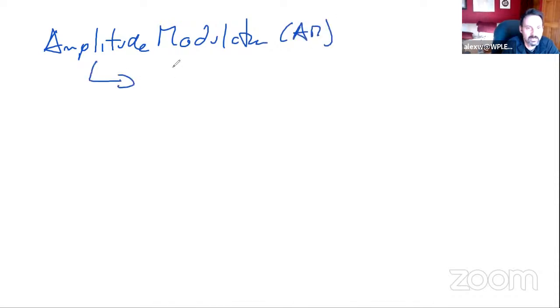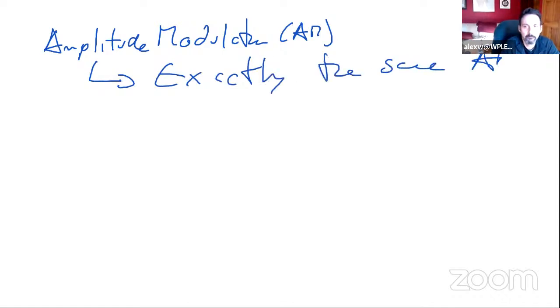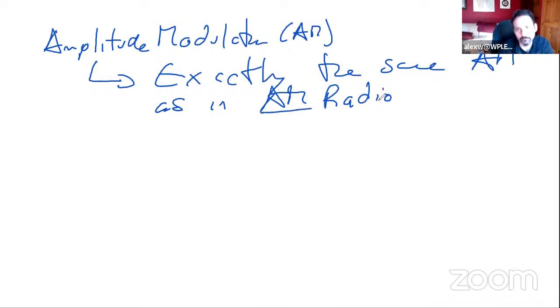This is exactly the same AM as in AM radio, so my human speech, or music, although music doesn't come out as clear through AM.